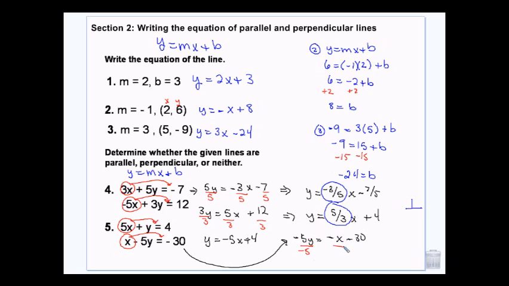Dividing by -5 gives me y is equal to, there's like that invisible 1 there, right? So I have negative over negative, so this is 1/5 x plus 6. I have -5 and positive 1/5, opposite and flipped, so these are also perpendicular.